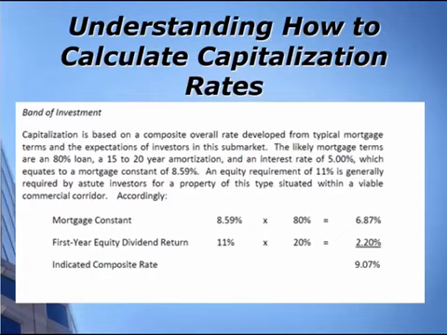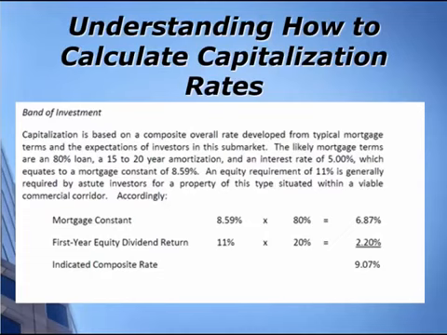It's a riskier loan. So shouldn't the cap rate go up because there's more risk involved? Well, if we look at this particular number here, we take the 80% and change it to 90, and then we take the 11% and we multiply it by 0.1. If you redo those calculations, what you'll find is that the cap rate goes down.